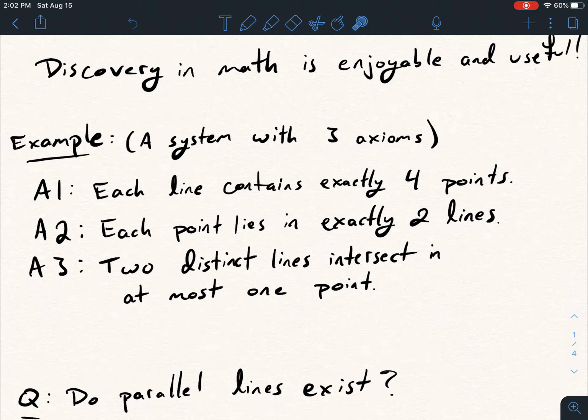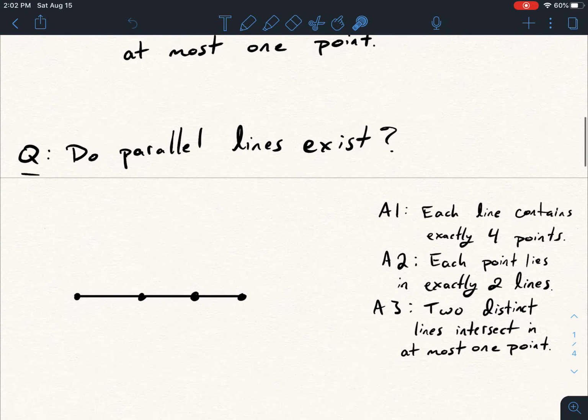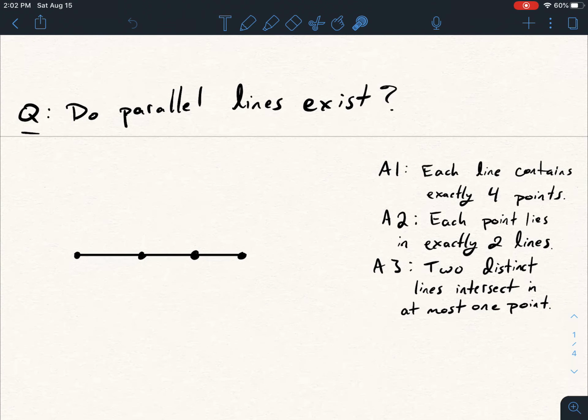The way that we would use discovery as a tool is we would take this axiomatic system and just play with it and come up with some ideas, some pictures for what a system that satisfies these rules could look like. Here on the left, I have a line drawn, and this line contains 4 points. This is just a schematic picture of a line in our system.